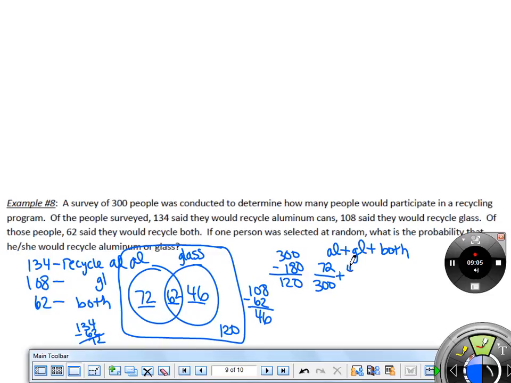Glass is 46 out of the 300, and both is 62 out of the 300, okay, which we already said adds up to 180 out of 300, which nicely reduces to 6 out of 10, or 3 out of 5.